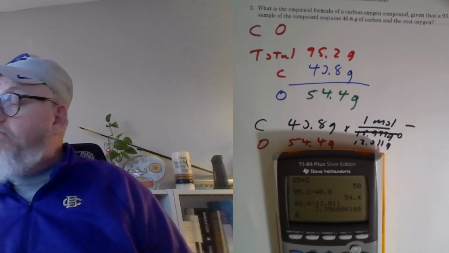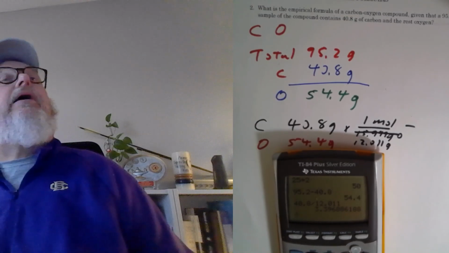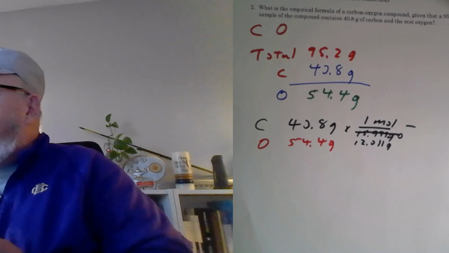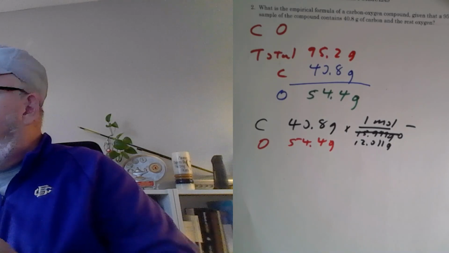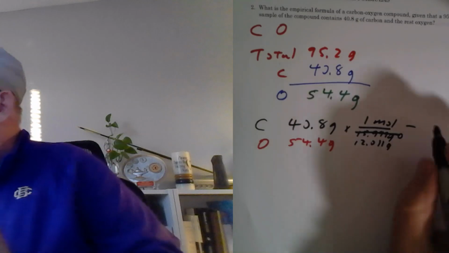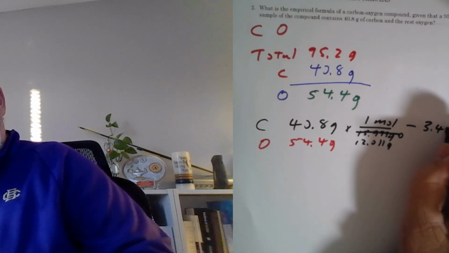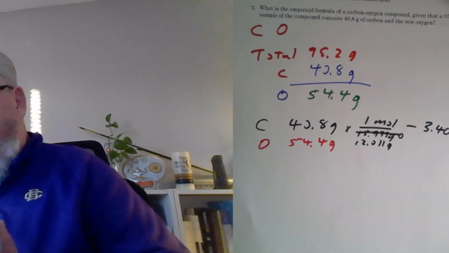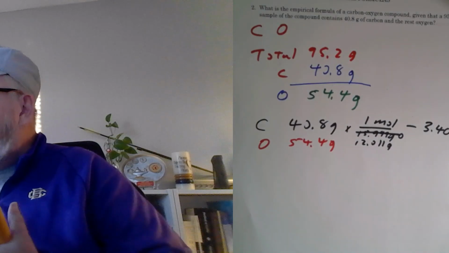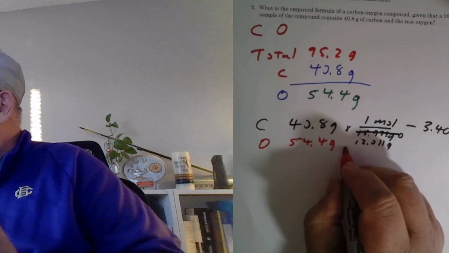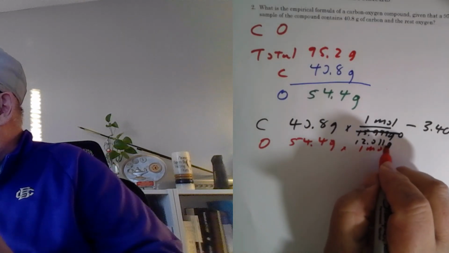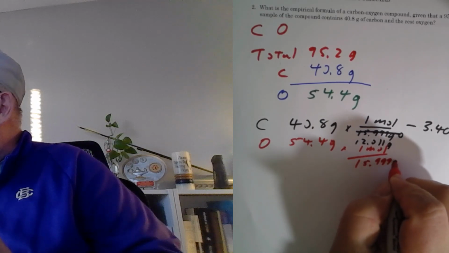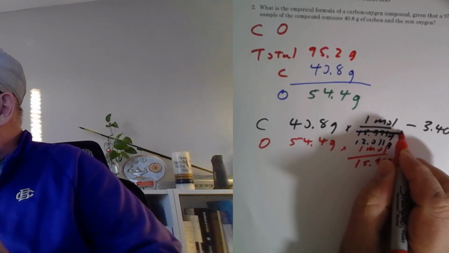My calculator says 3.3968, so we're going to say 3.4 moles of carbon. Now let's do the same thing, and let's use the right one. Come on, Coach Scott. So 1 mole has 15.999 grams of oxygen.